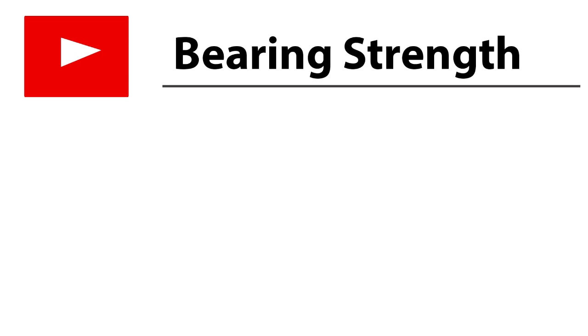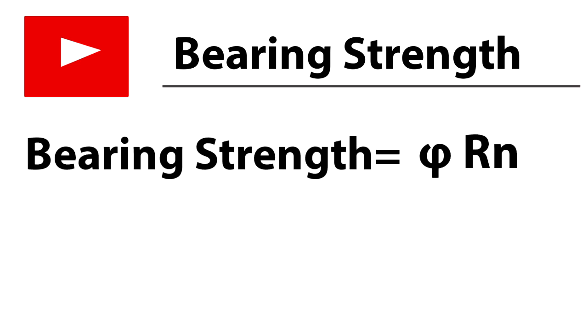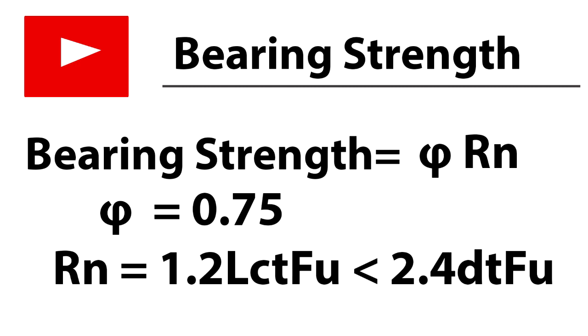Finally, the equation for the bearing strength of a single bolt is Phi times Rn, where Phi is equal to 0.75 and Rn = 1.2 Lc t Fu, less than or equal to 2.4 d t Fu. Here Lc is the clear distance in the load direction from the edge of the bolt hole to the edge of the adjacent hole, or to the edge of the material.